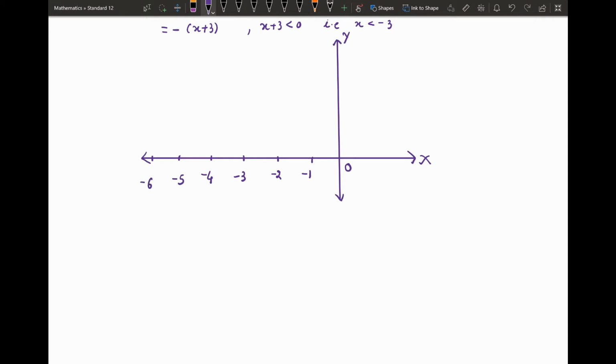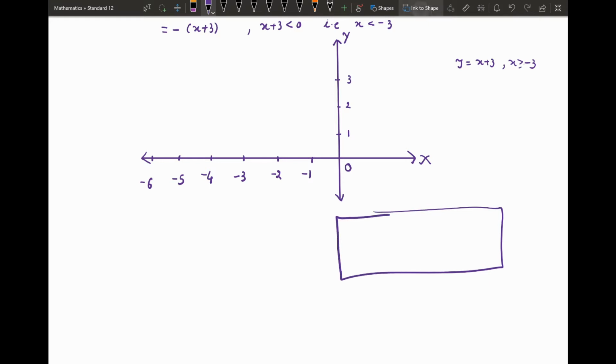So y equals x plus 3 if x is greater than or equal to minus 3. Here 1, 2, 3. When we draw the graph, we have to take points of the curve.